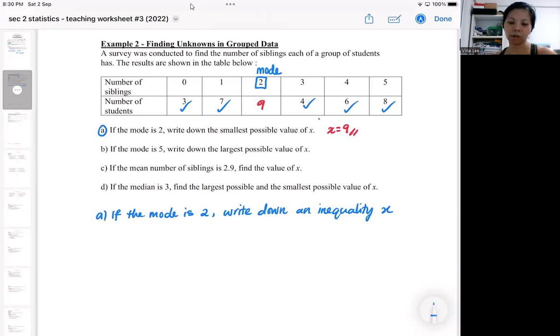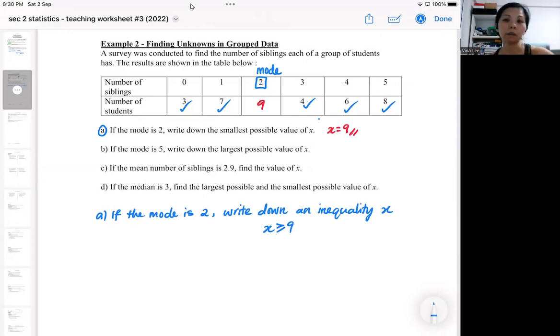How are you going to write an inequality involving X in that situation? We know that it can be 9, 10, 11, 12. So the inequality can be X greater than or equal to 9. As long as it's 9 or more, it will fit.